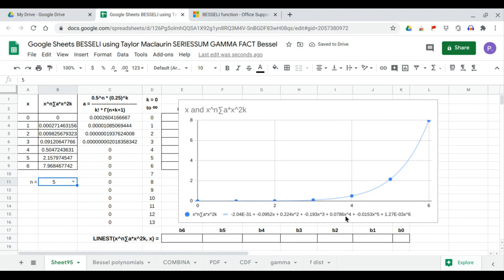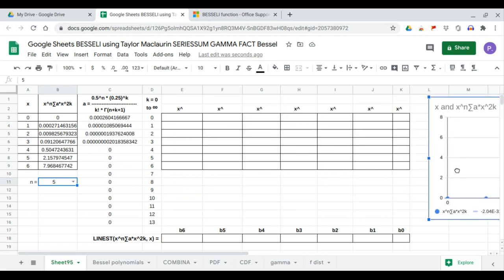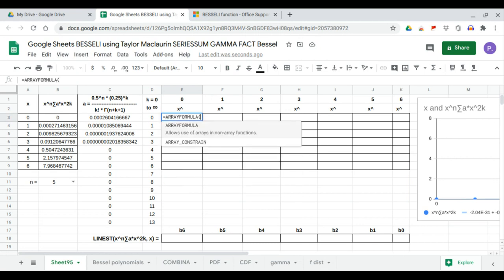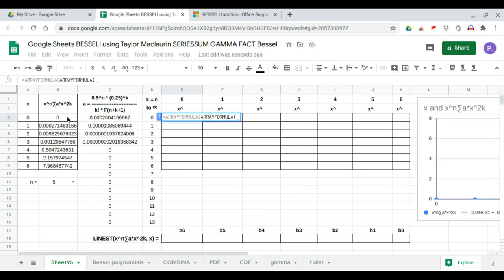Next, we'll calculate these coefficients using the LINEST function. To do that, we complete the 1 comma x matrix, and this should be transposed from 0 to x. So we have our rows equal to the columns. Then we complete the 1 comma x matrix, array formula of the x values raised to the power 0 to 6.